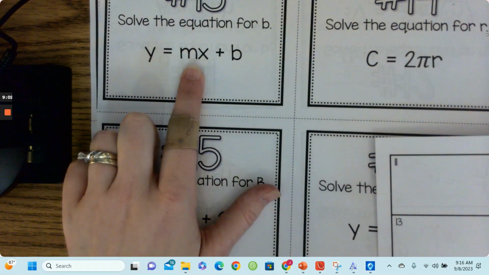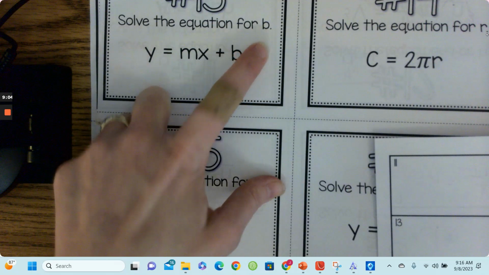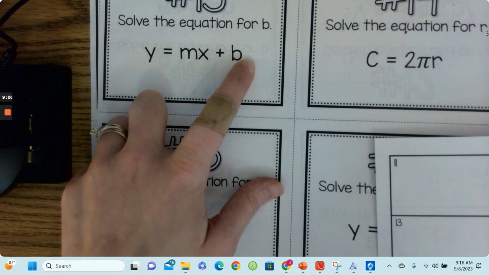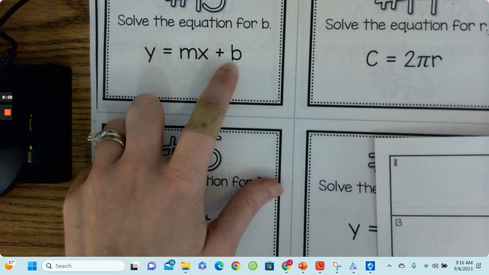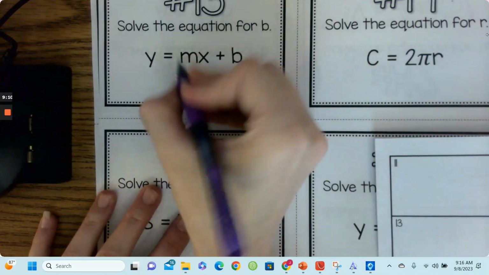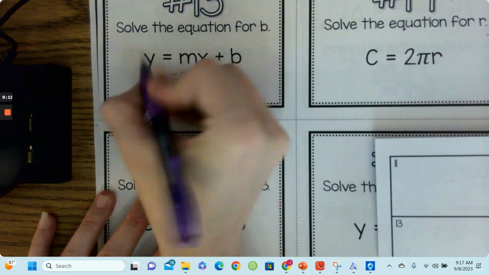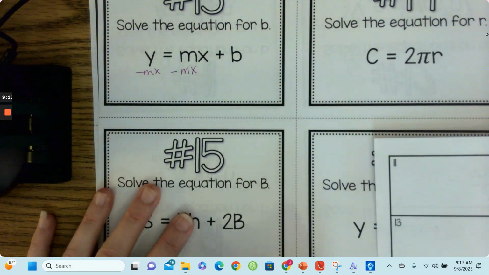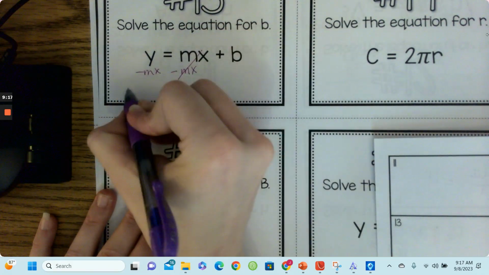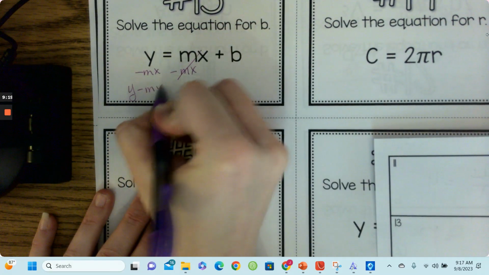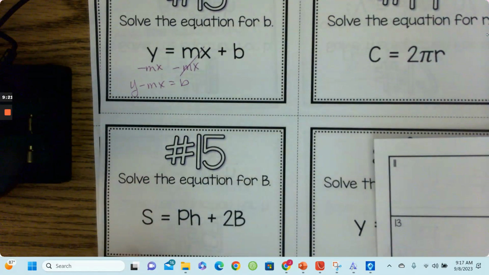All right, 13. Solve for b. I want the b by itself. mx is being added to b, so I can just subtract mx from both sides. And so I would have y minus mx equals b.